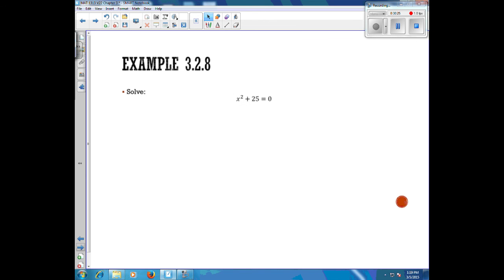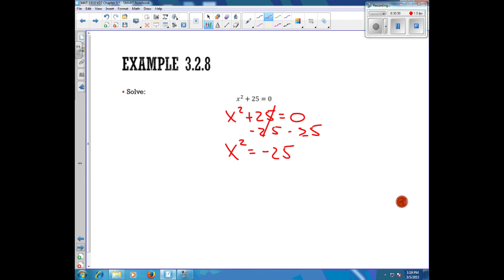We have another here, x squared plus 25 equals 0. We're going to subtract 25 from both sides. And we get x squared is equal to negative 25. If we then take the square root of both sides, we get x equals, well, now we have the square root of negative 25. And we just talked about that in the last section.